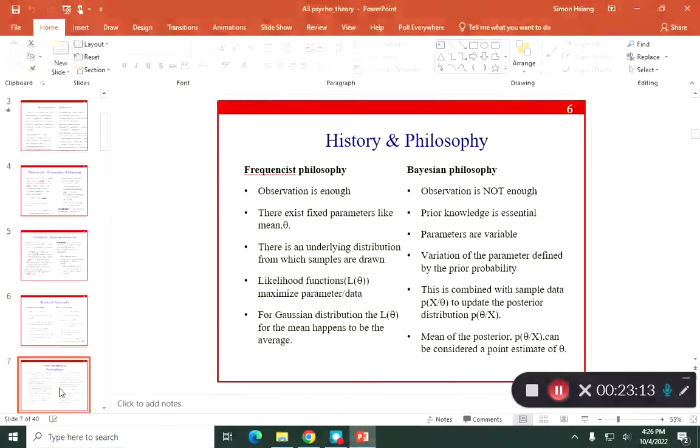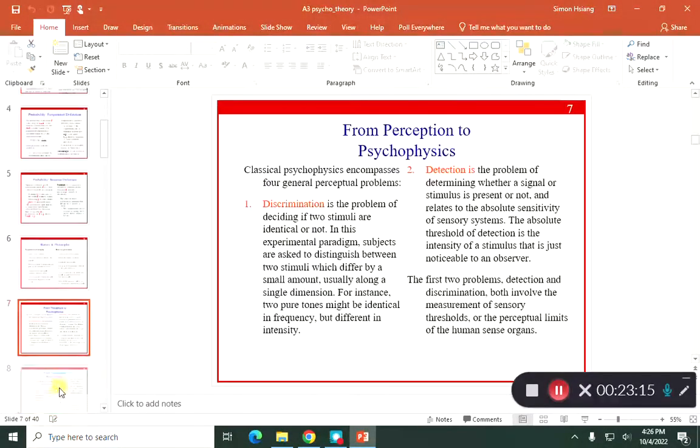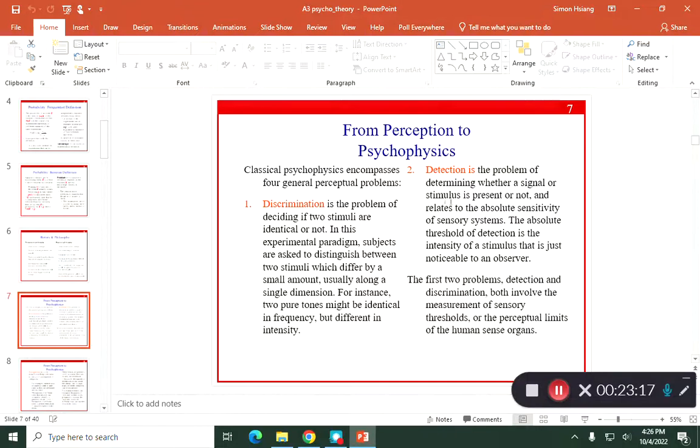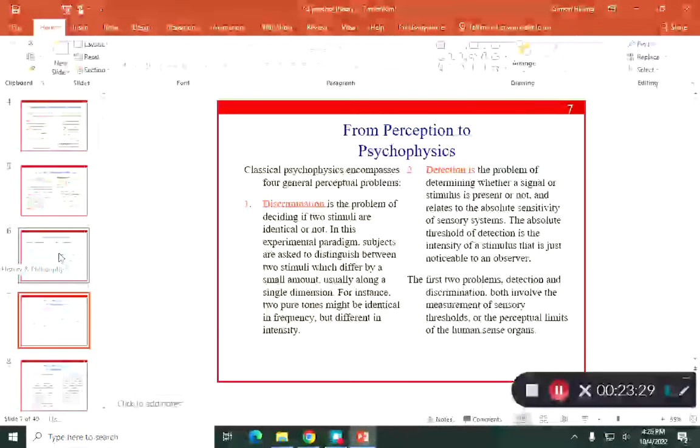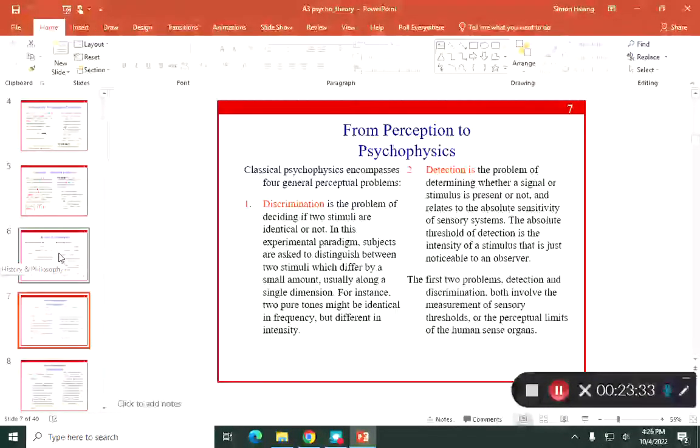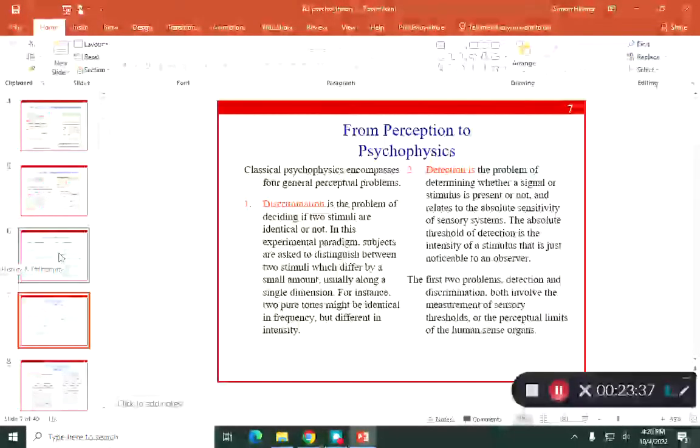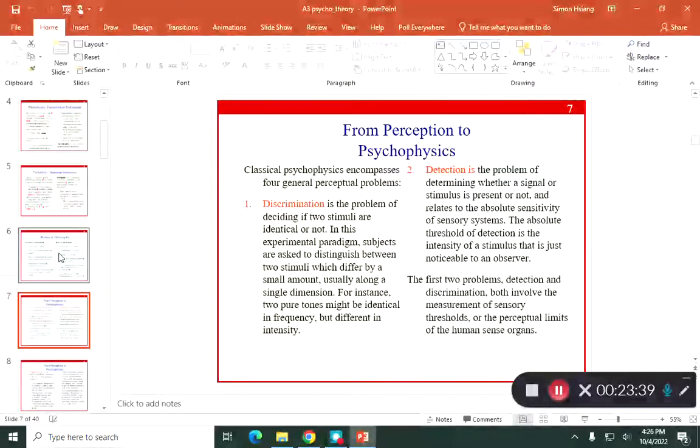Okay, and in this, if you agree with me, statistics is psychology. We're using what's happening physically in the world and turning it into psychophysics, from perceptions to psychophysics.